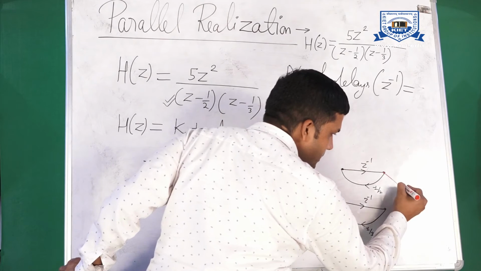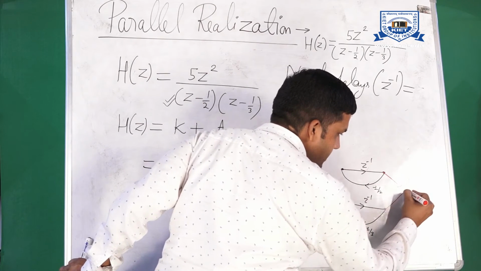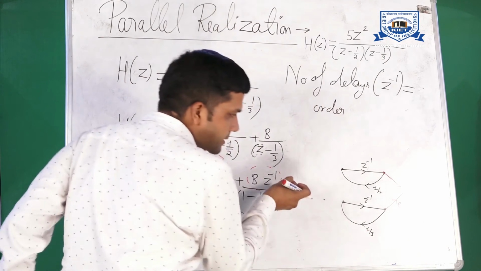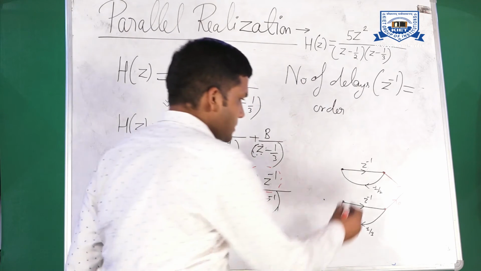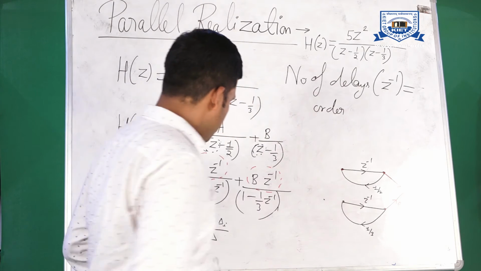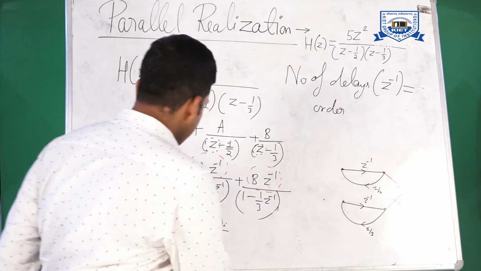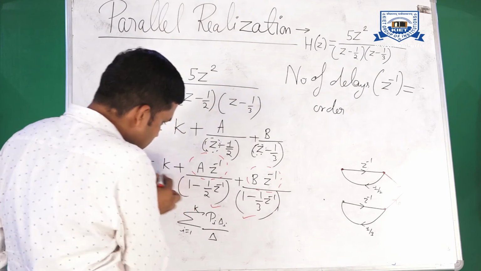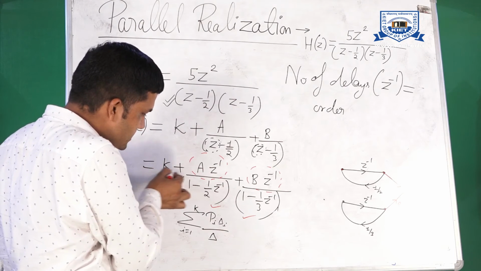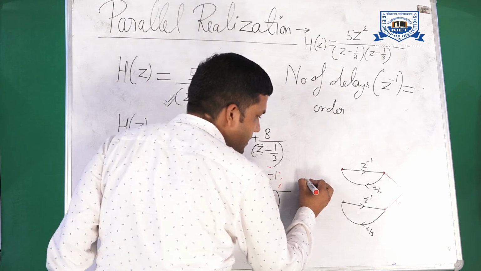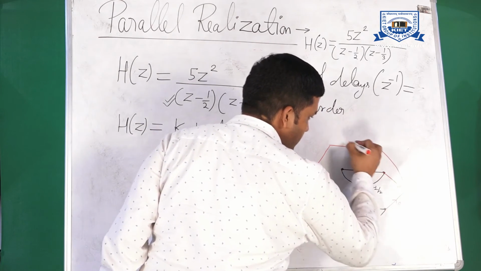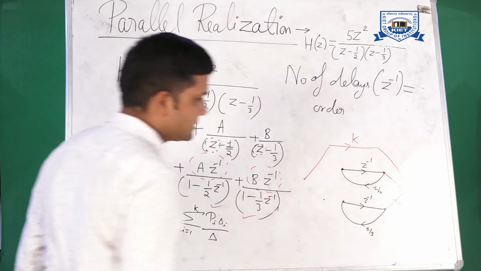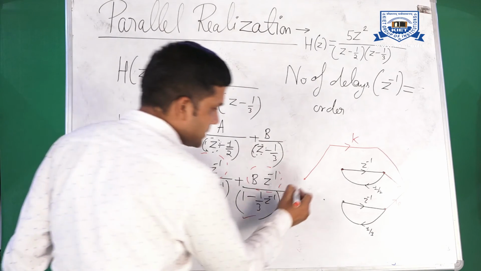So this is A and this is B. Some students connect A and B similarly. Then the first branch, second branch, and third branch. The third branch consists only of K.